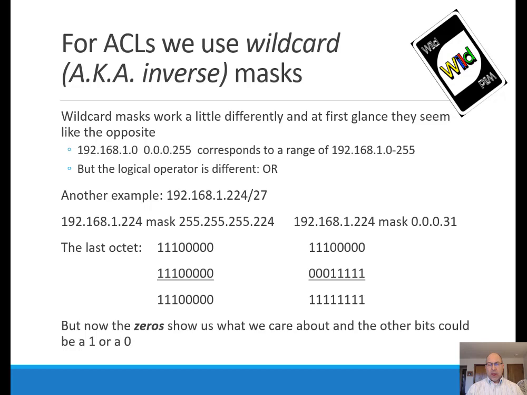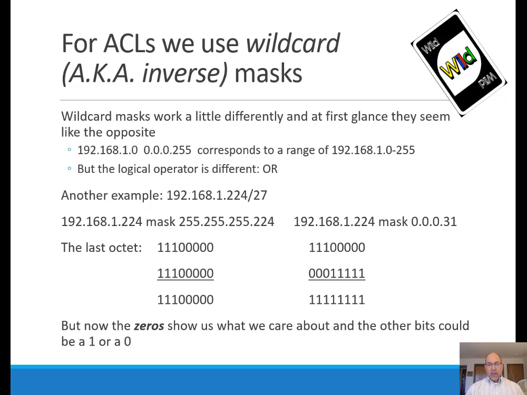And the ANDing operation would result in the same value no matter what we put in the host portion indicated by all zeros. Because when you AND anything with a 0, you get a 0. The corresponding wildcard mask would be 0.0.0.31, because if you take that same network mask and you flip all the bits, that's what you would get.